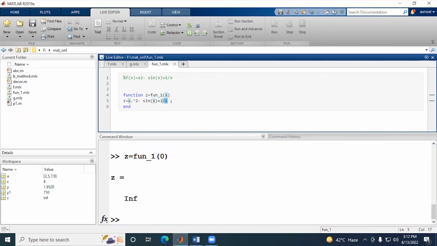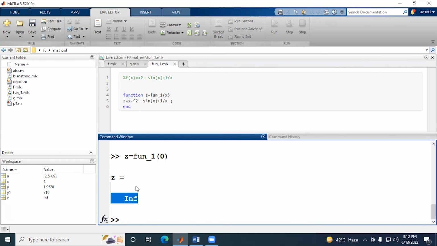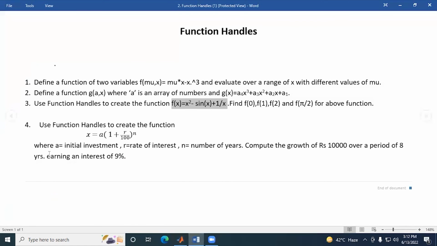Yes, because we have 1 by x here and 1 upon 0 is infinite, and if you're adding or subtracting or multiplying anything with the infinite, it will be infinite. So INF is your infinite. Correct?